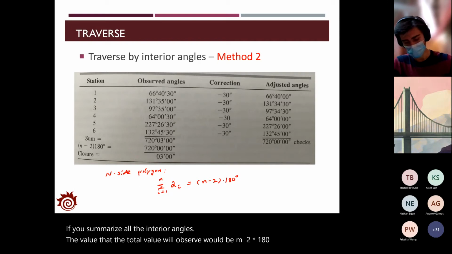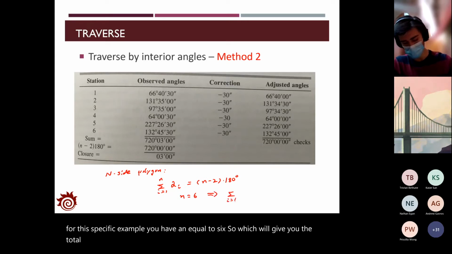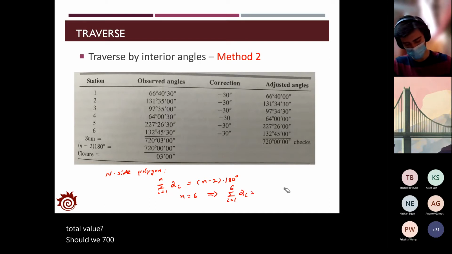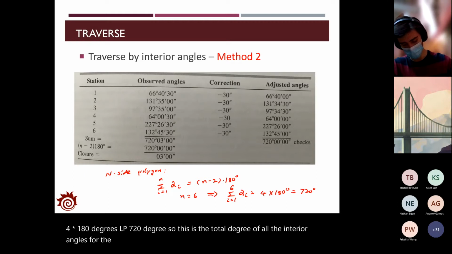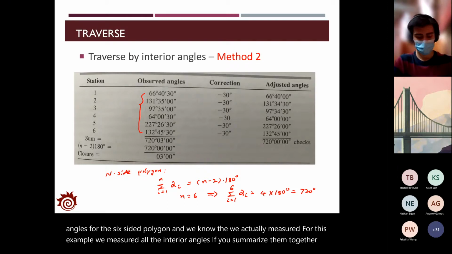For this specific example, we have n equal to 6, so the total value should be 4 times 180 degrees. That will be 720 degrees. So this is the total of all the interior angles for the 6-sided polygon, and for this example, we measured all the interior angles. If you sum them together, they should equal 720 degrees.